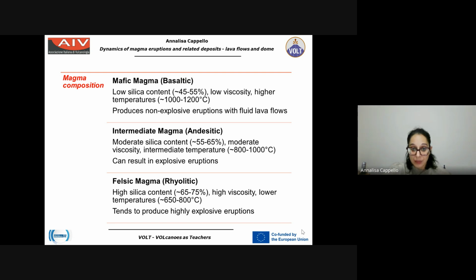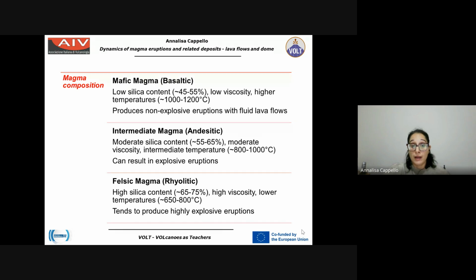Then there are intermediate magmas, which have a moderate silica content between 55 and 65%, with a moderate viscosity and intermediate temperature between 800 and 1000 degrees. And finally, there are felsic magmas, also called rhyolitic, which are those with a higher silica content, more than 65%.